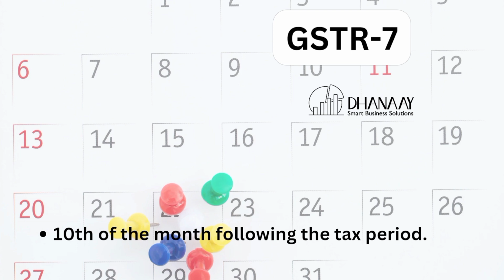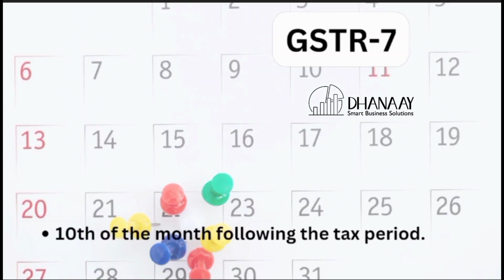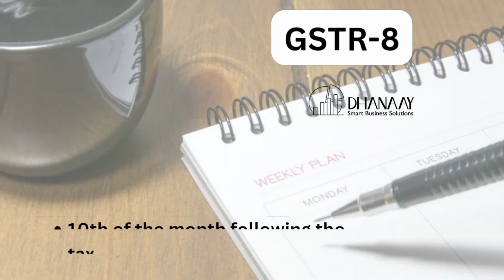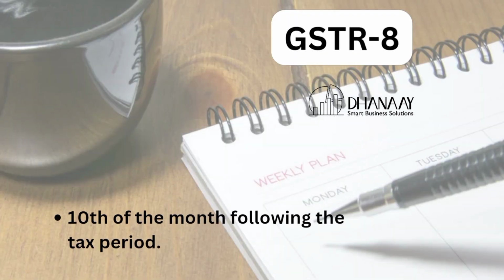For example, the due date for filing GSTR-7 for the tax period of January 2023 would be February 10, 2023. GSTR-8 is the return that must be filed by e-commerce operators. So this due date is the same as GSTR-7, that is, the 10th of the month following the tax period.